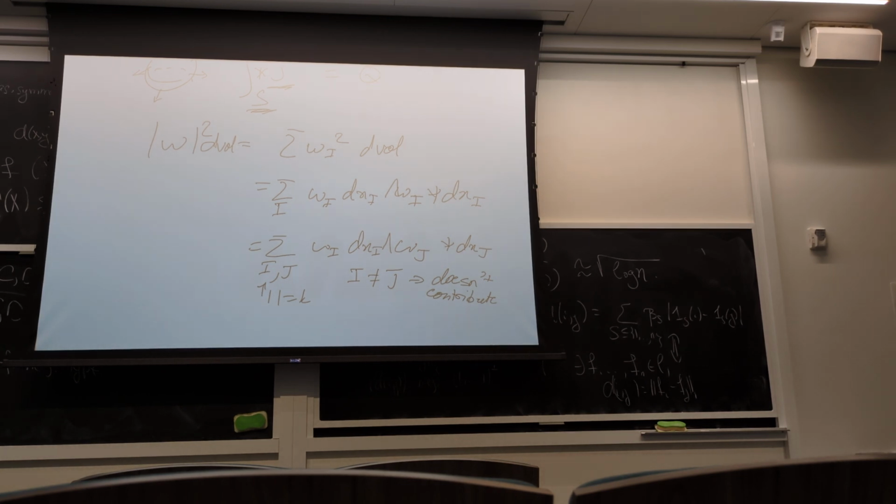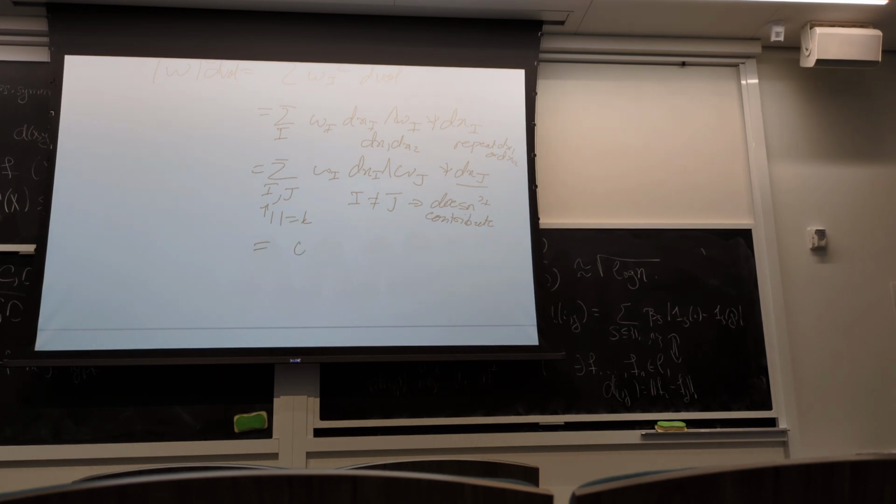If you have something here which looks like dx1, dx2, then over here you only have n minus k things to choose from, and you can't choose dx3, dx4, say you're in 4 dimensions, so you have to repeat dx1 or dx2. Because you repeat something, if you take the wedge product, it becomes 0. But this is just equal to omega wedge star omega. So what that suggests is we define the inner product of omega and eta to be omega wedge star eta.